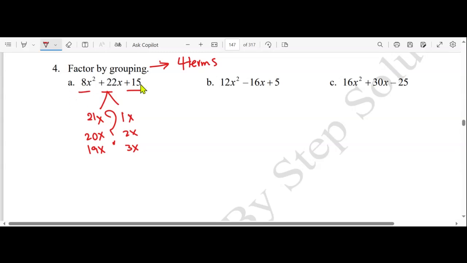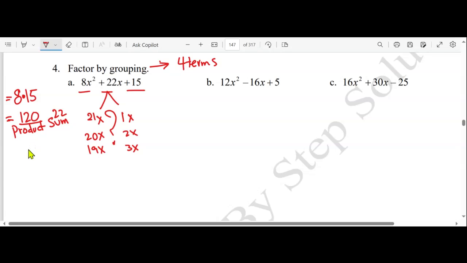Yes. Multiply 8 times 15. How much is 8 times 15 on the calculator? 120. I need 2 numbers. Their product is 120 and their sum is 22.